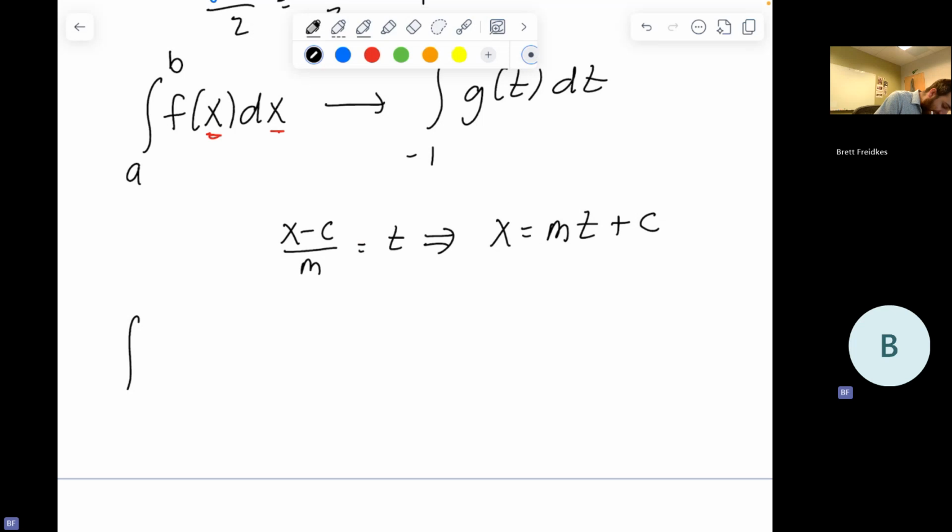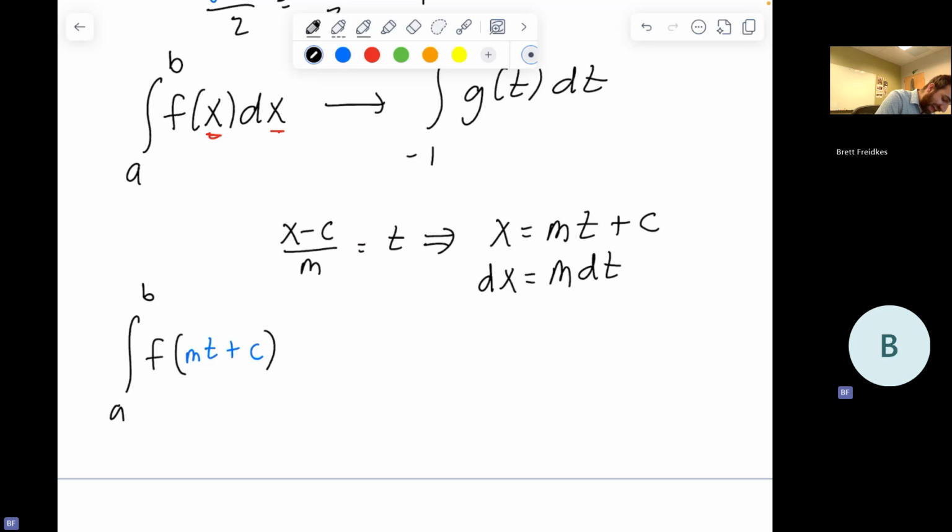So that means that my integral from a to b of f of x will become f of mt plus c. And we want to find dx now, a differential of x. So I'm going to take the derivative of both sides, where m is a constant, and then we take the differential with respect to t.